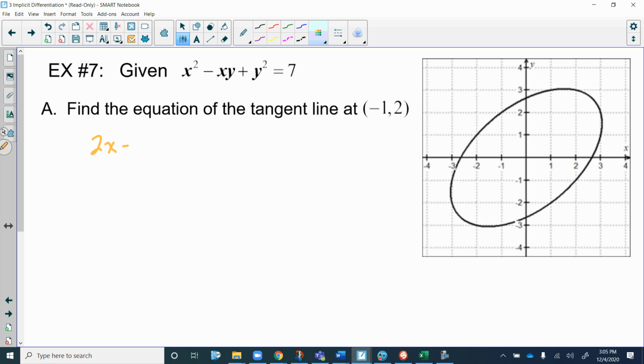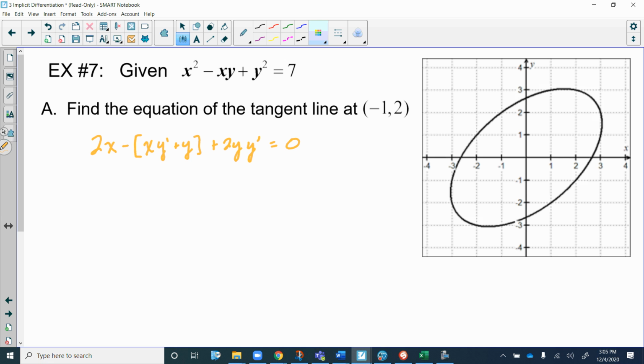The product rule has to be applied for the x times y, so that'll be x times y prime plus 1y. And the chain rule is very much implied with the y squared term, so that'll be plus 2y times y prime, equal to the derivative of 7, which is 0.